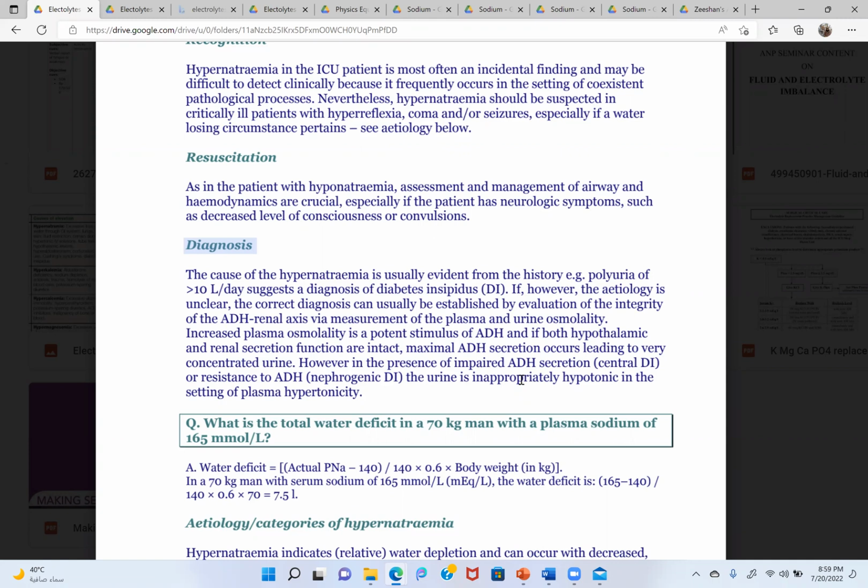If there is more water loss, even in diarrhea, if the patient becomes dehydrated, then in the blood values it may be hypernatremia. So it can happen in that condition as well.